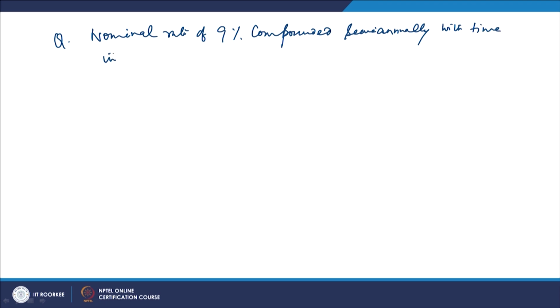Now, in this case, hopefully you have got the confidence to talk about it. So, your R becomes 0.09 and you have again L as 2, and since it is done semi-annually, M will be reciprocal of 1 by 2 years. So, it will be 2.